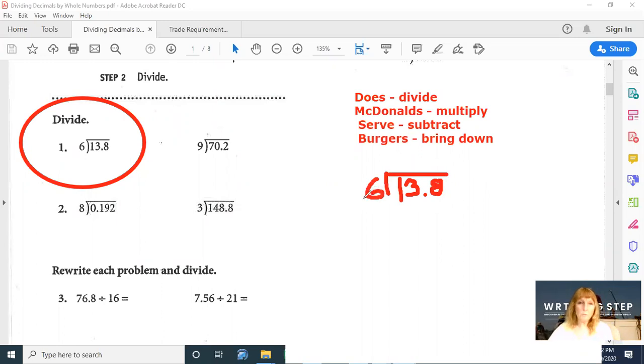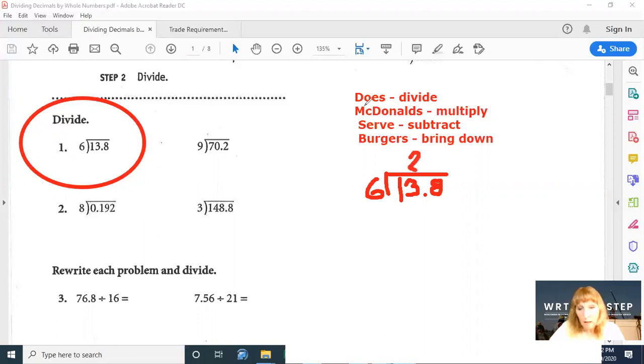So when we do a problem like this, we're first going to do the divide. So we say, will 6 divide into 1? No, it's too small, right? 6 can't go into 1. Will 6 go into 13? Yes, 6 will go into 13, and you say, okay, divide. 13 divided by 6 is 2. So I'm going to put the 2 over the 3 because I took it into 13.